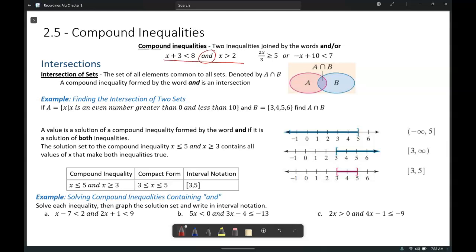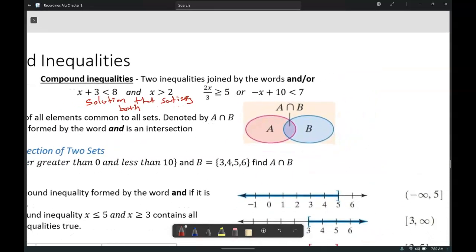So that means we're taking both of those solution sets and trying to find a solution that satisfies both inequalities. We want to satisfy x + 3 < 8 and x needs to be greater than 2.